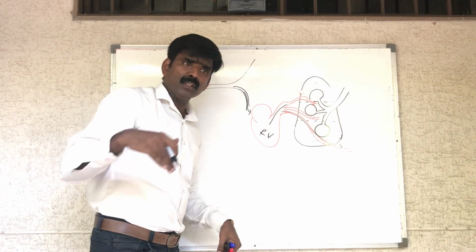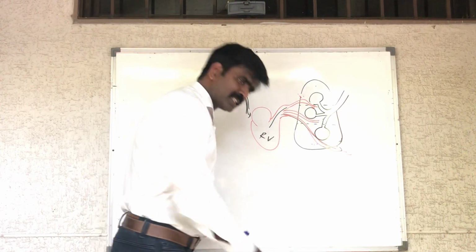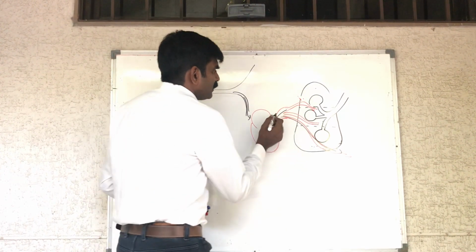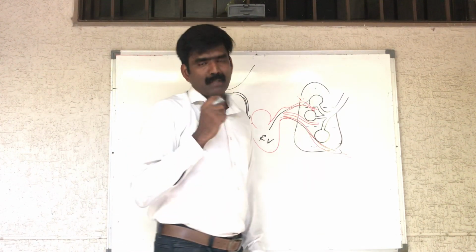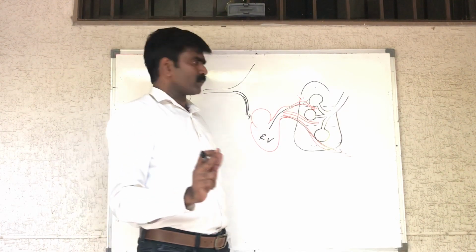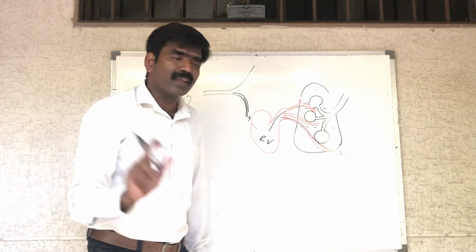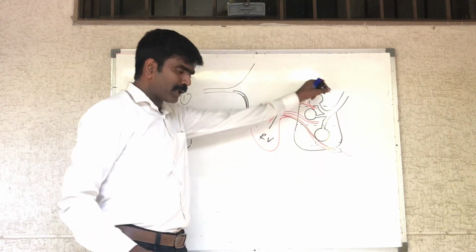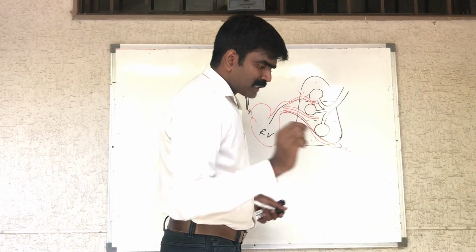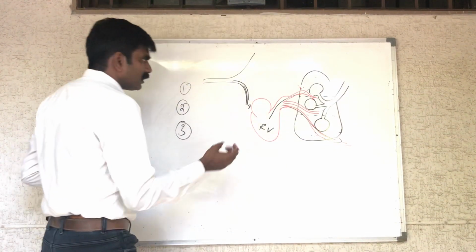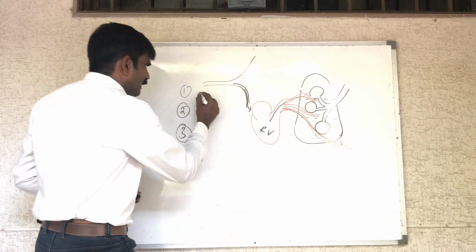Due to gravity, the lower zone will receive more blood, and the upper zone will receive less blood. So this is one reason why the perfusion is higher in the lower zone when compared to the upper zone. I have told you, the first is gravity.